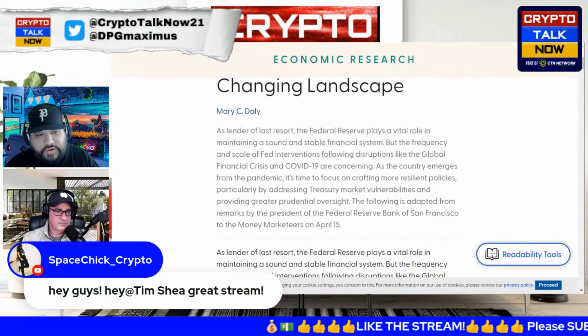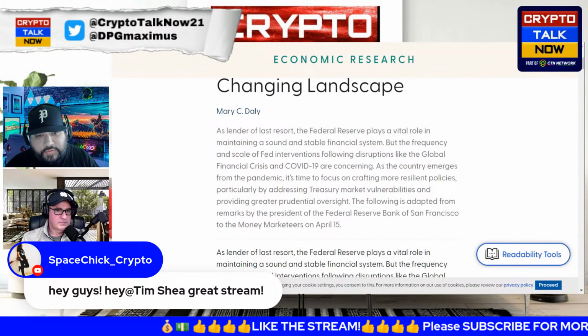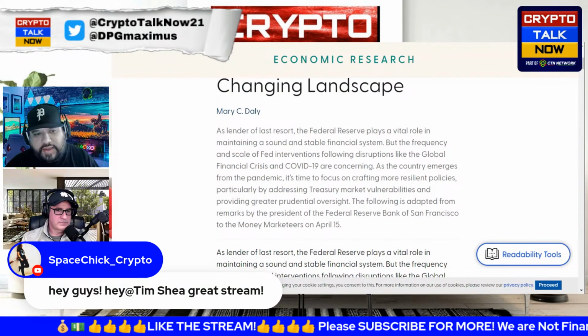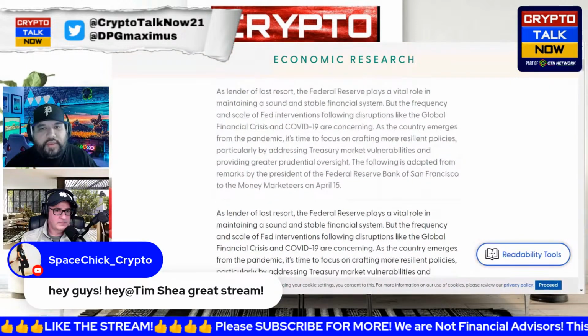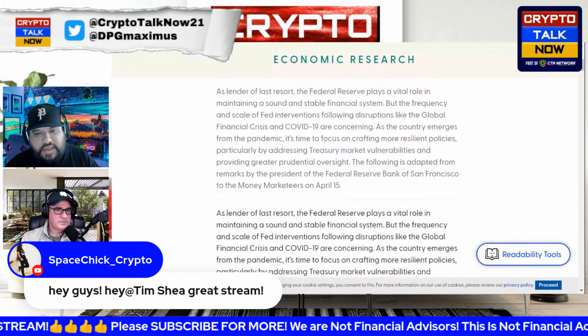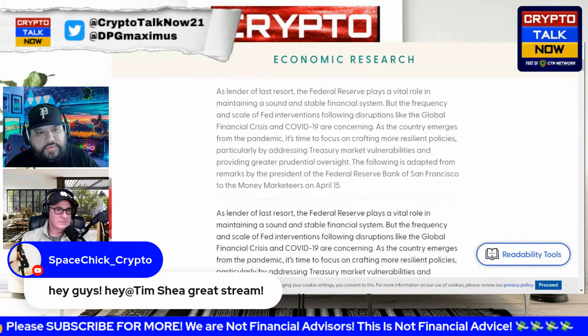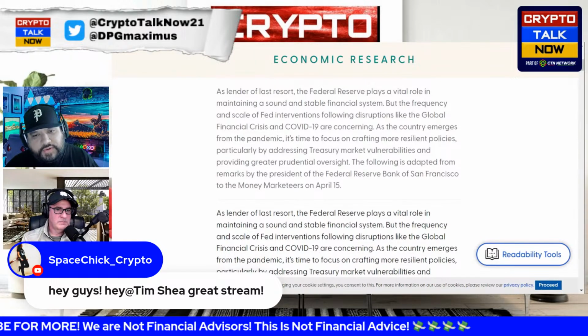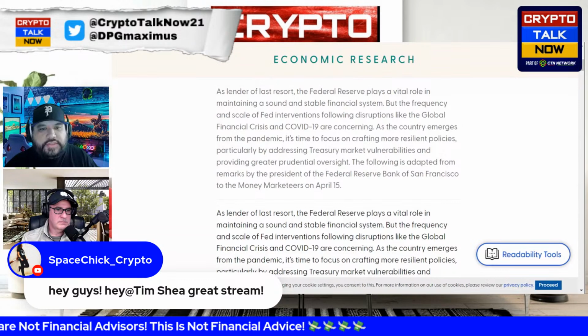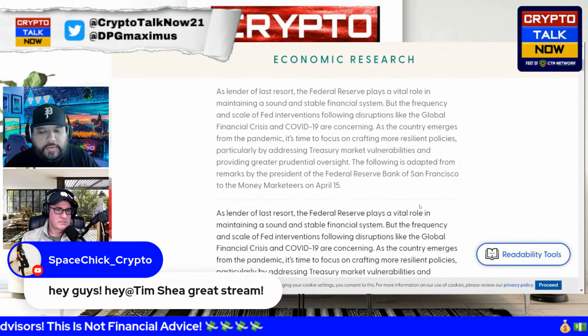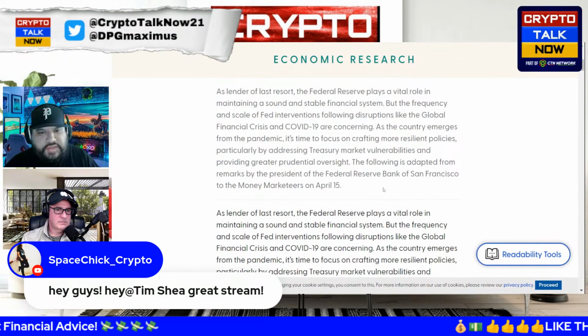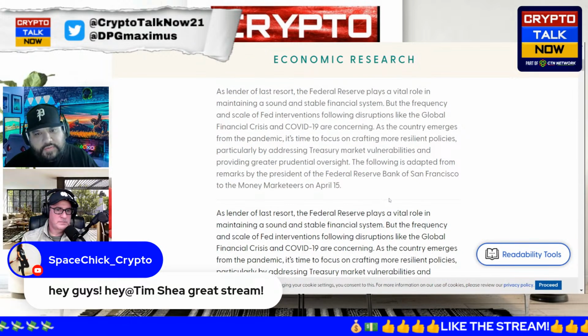So it says, as a lender of last resort, the Federal Reserve plays a vital role in maintaining a sound and stable financial system. But the frequency and scale, think about what they're mentioning here, scale of Fed interventions following disruptions like the global financial crisis, obviously COVID, some of the recent things that happened and so on, even though this dates back and whatnot.